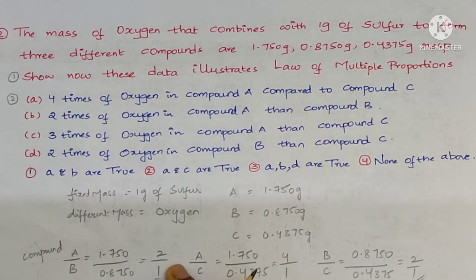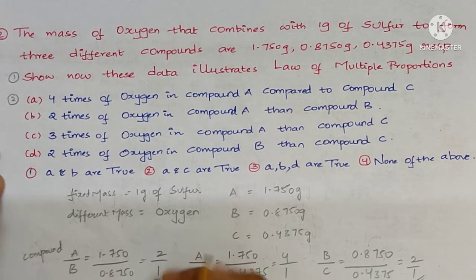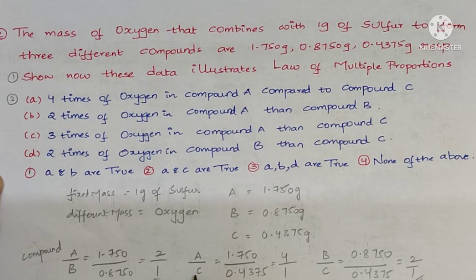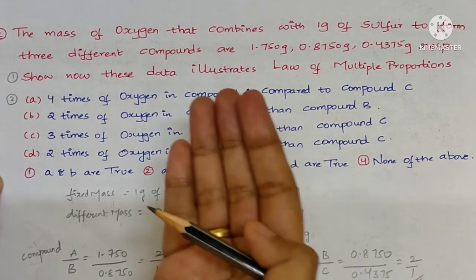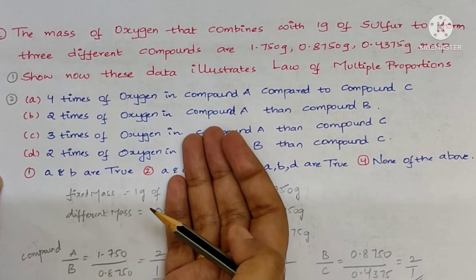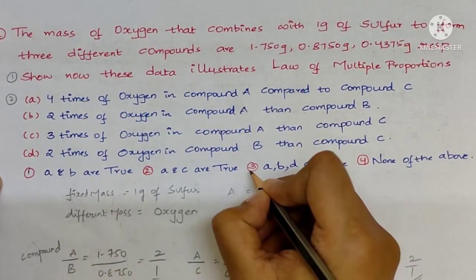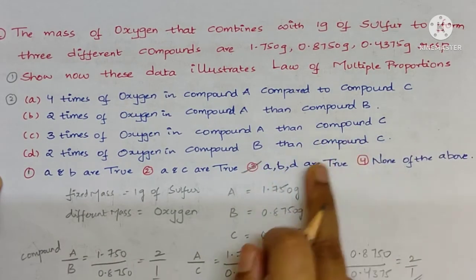What does this whole number ratio mean, students? 2 times of oxygen in compound A than compound B. 4 times of oxygen in compound A than compound C. 2 times of oxygen in compound B compared to compound C. The same sentences are there in the above question. So here, among all the 4 options, A, B, D are true.